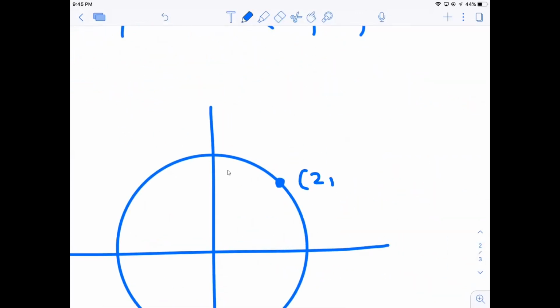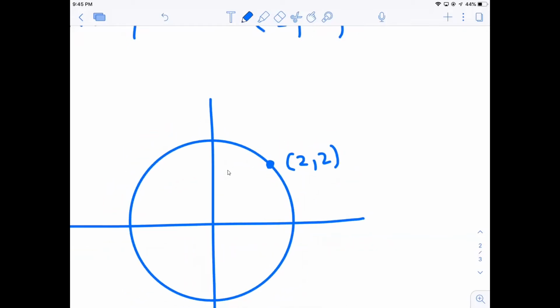So let's think about what a line tangent to the circle at that point has to do. Well, if I draw that line, it might look something like this. And wouldn't this line, if it's tangent, need to be perpendicular to the radius drawn to that point of tangency, right? That was one of our theorems that we talked about, that tangent lines are perpendicular to radii of the circle at the point of tangency.